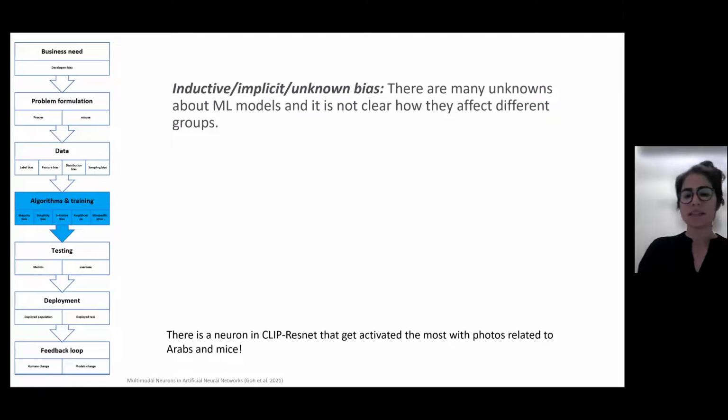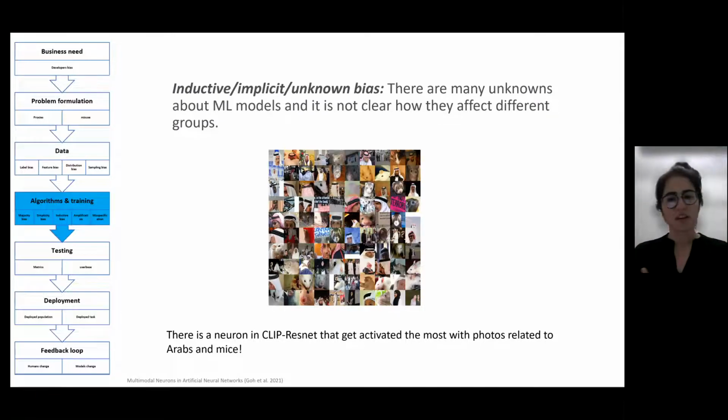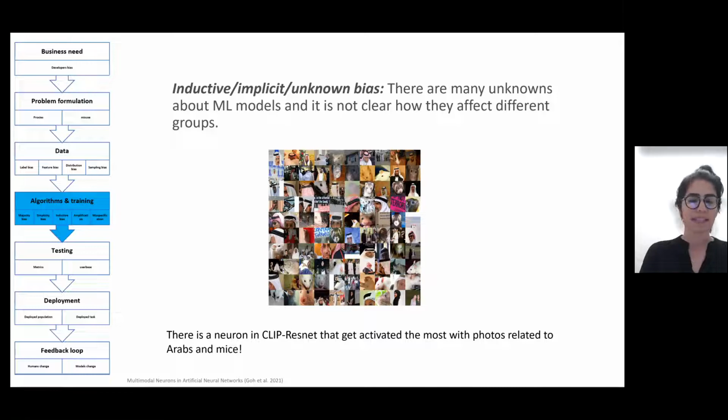And in general, there are many inductive, implicit, unknown biases that we still don't know why machine learning is doing that. And it's good to do some post-processing after you finish your model to see what is happening. For example, CLIP is a very well-known combination of image and text. There is this great paper that looks at different neurons and sees which images activate these neurons the most.